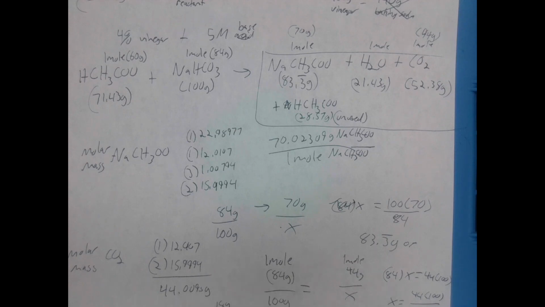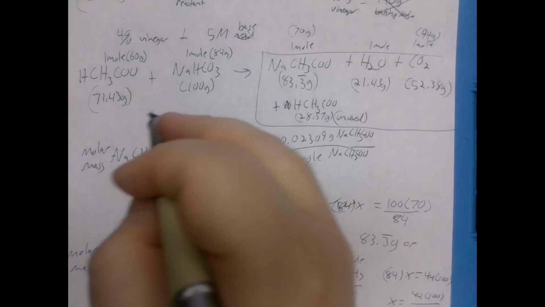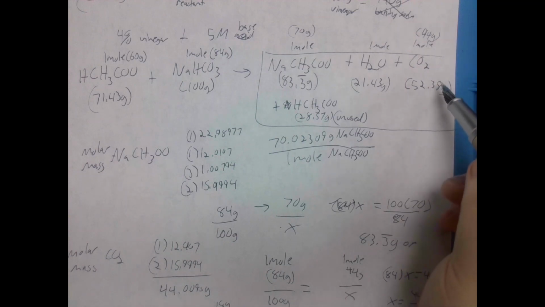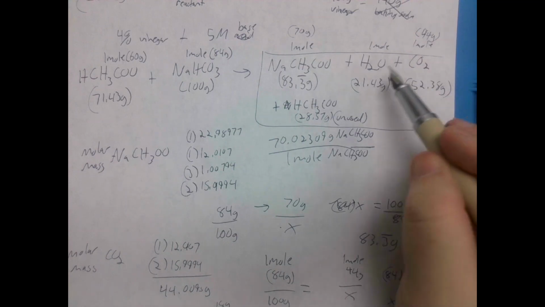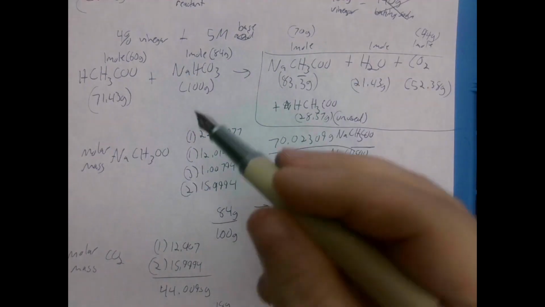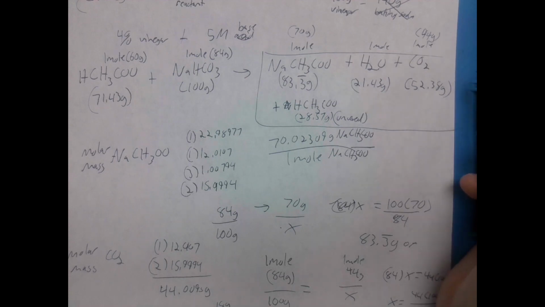This is why this produces a lot of gas. We produce a lot more grams of carbon dioxide than water. And this is why this experiment is so famous, because it produces a lot of CO2.